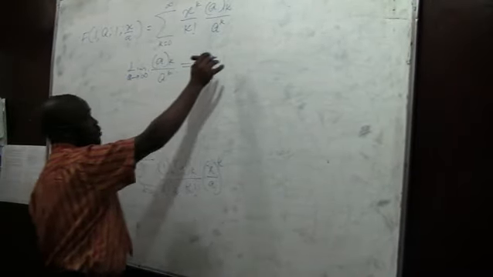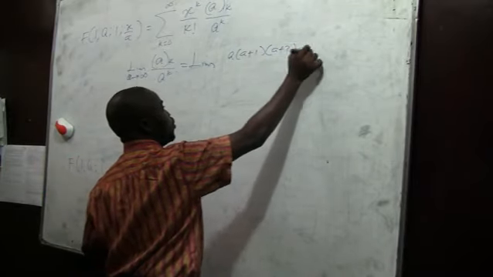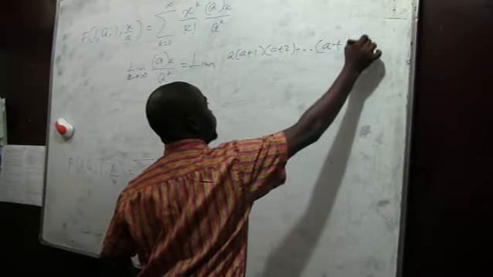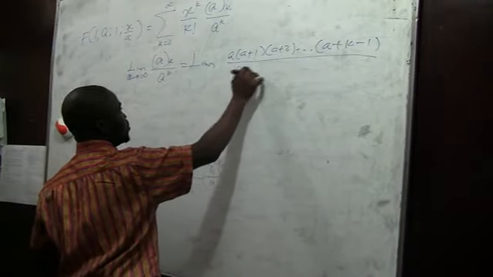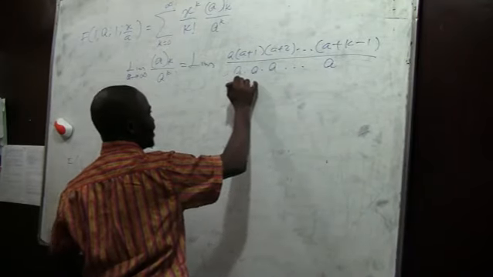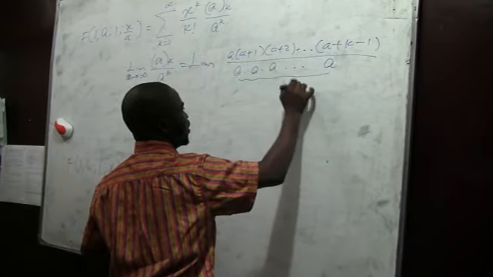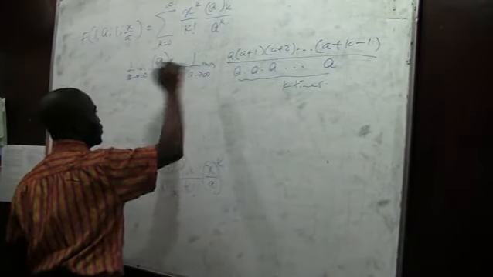By definition, this gives a plus 1, a plus 2, up to a plus k minus 1, divided by, of course, a multiplied by a multiplied by a, up to the last a, k times, as a approaches infinity.